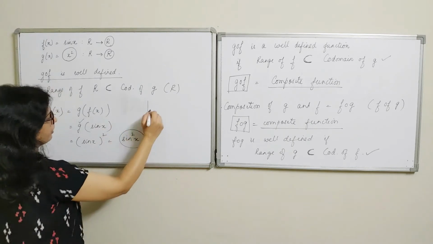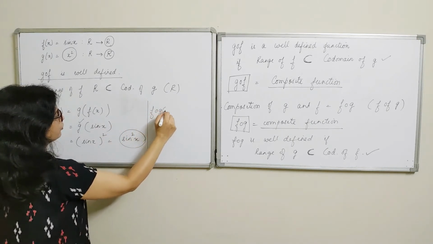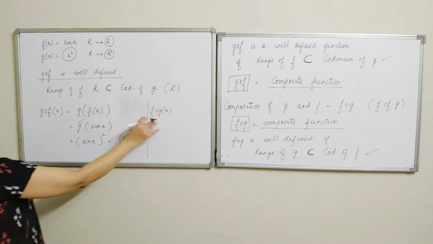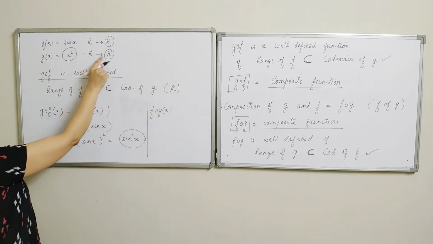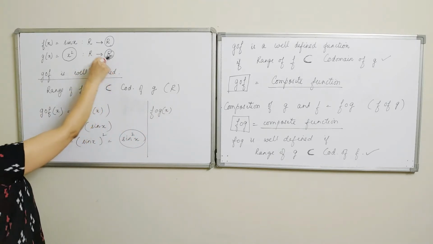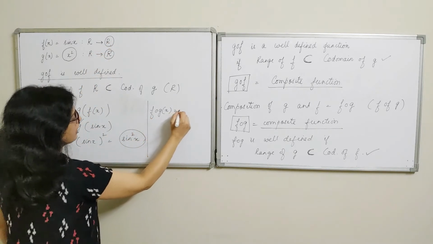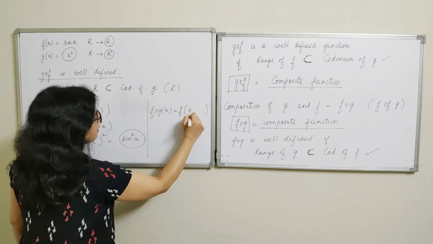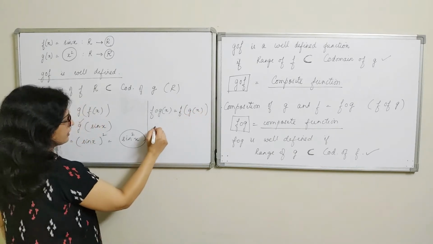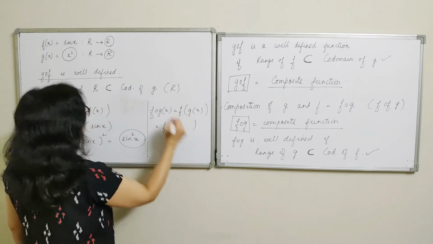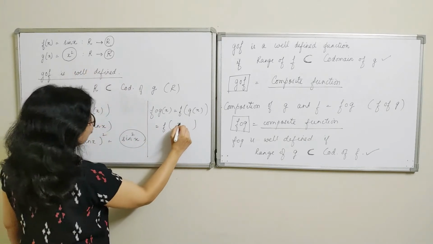Similarly, if we find out f of g, again check here that range of g is a subset of codomain of f. So this is a well-defined function and it can be written as f of g(x), and g(x) here is x square.